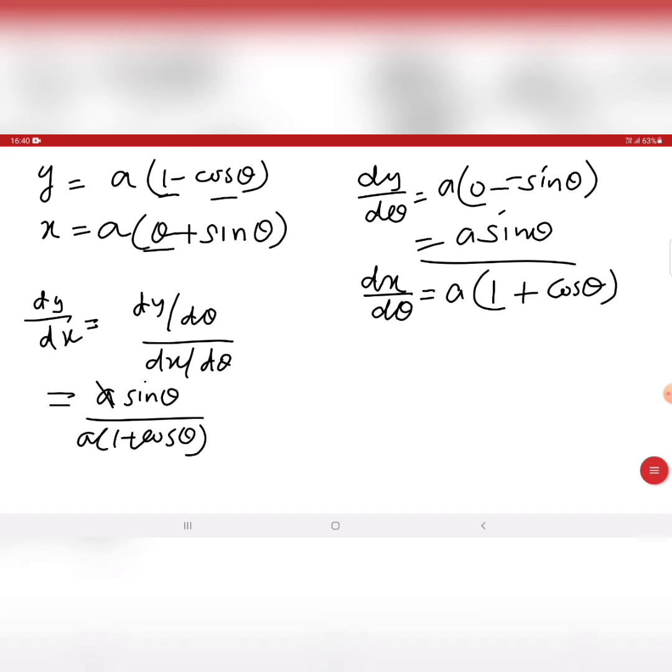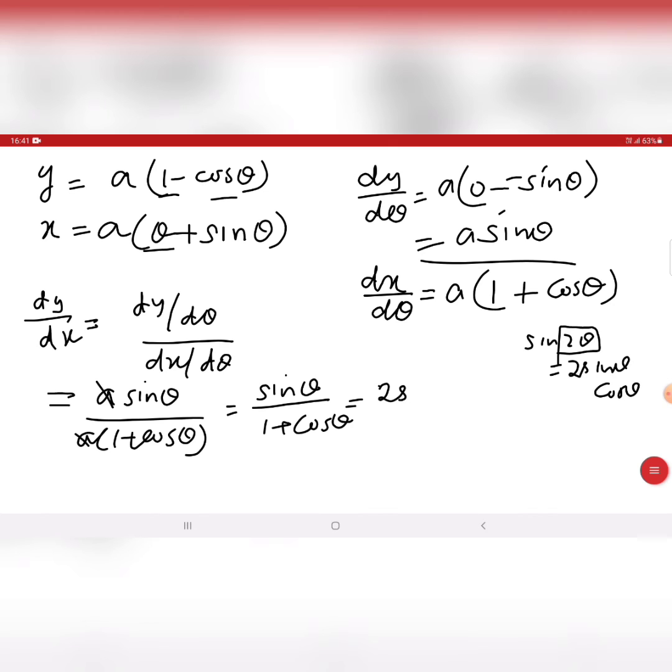We can cancel a, that is sin theta divided by 1 plus cos theta. Now we can simplify it further. We know sin 2 theta means 2 sin theta cos theta. So 2 theta becomes its half, so theta becomes half theta.